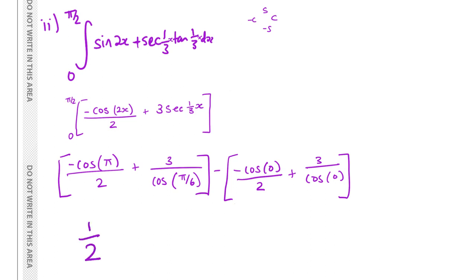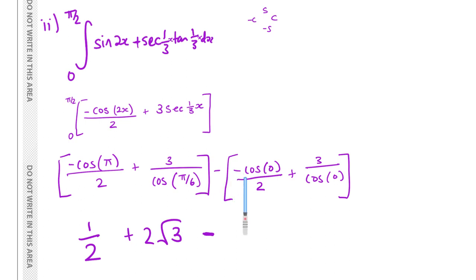Then I'm going to have 3 divided by cos of shift pi over 6. Put my brackets in, and I get 2 root 3, so that's plus 2 root 3. Brilliant.